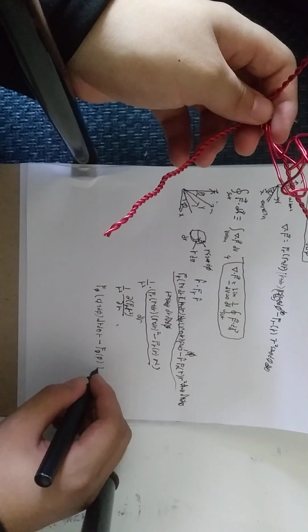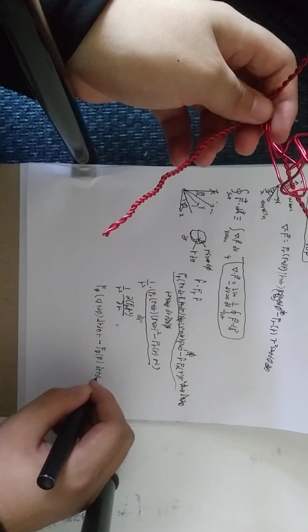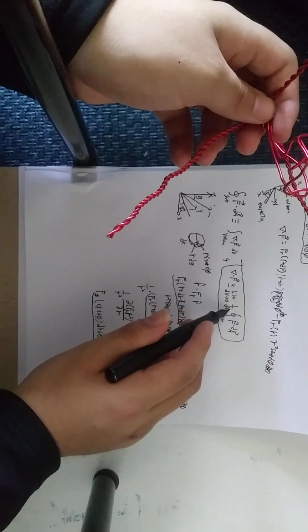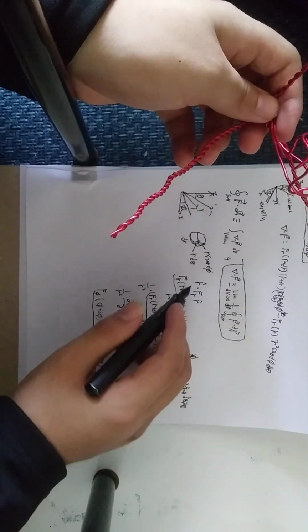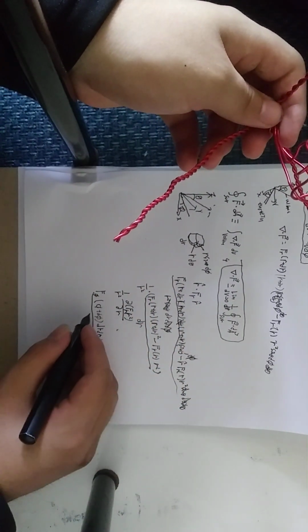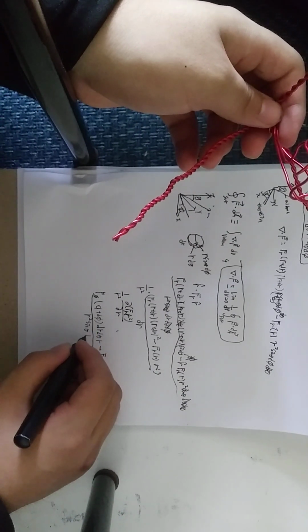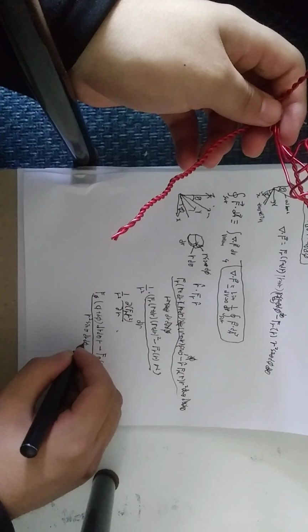So the volume element is dr, and divide this expression by the volume element, which is r squared sine theta dr.